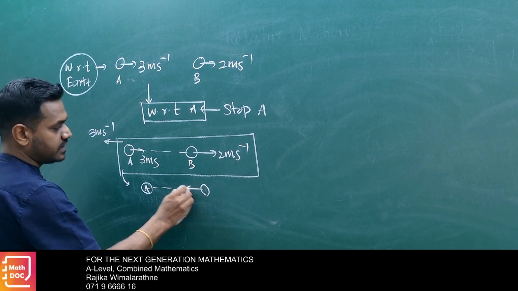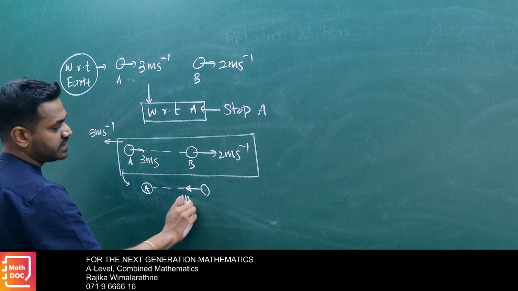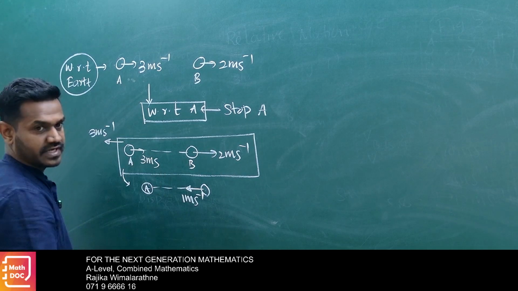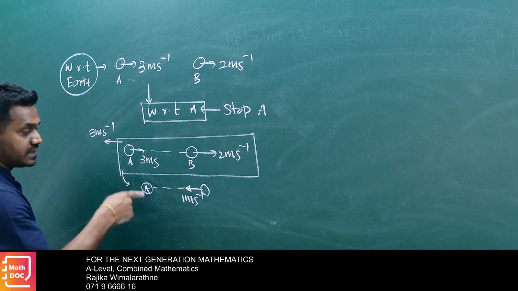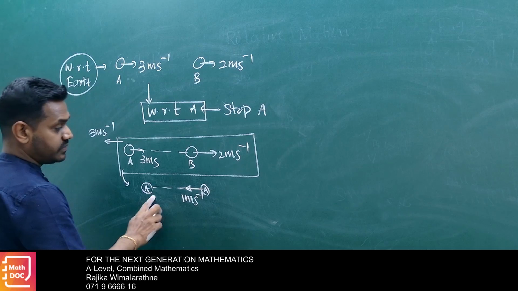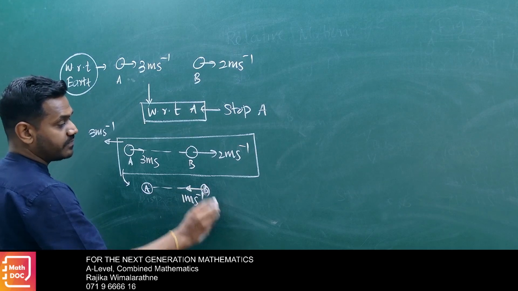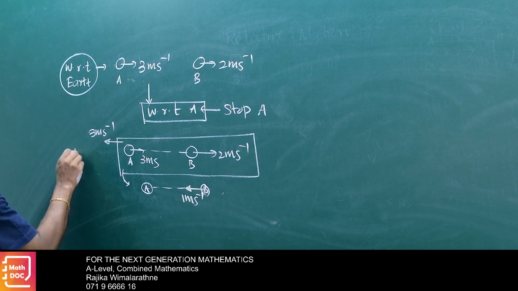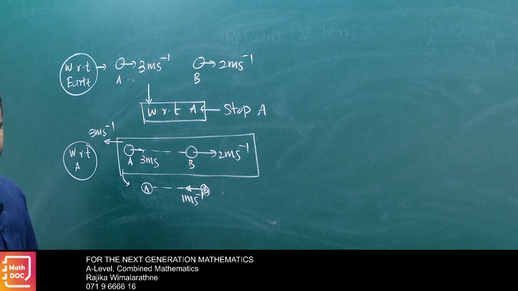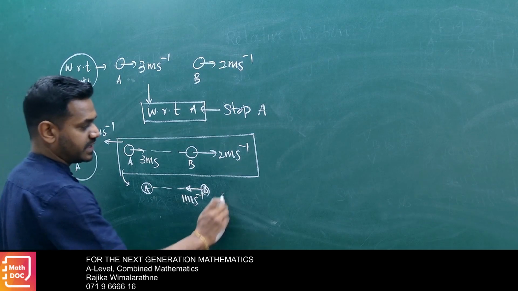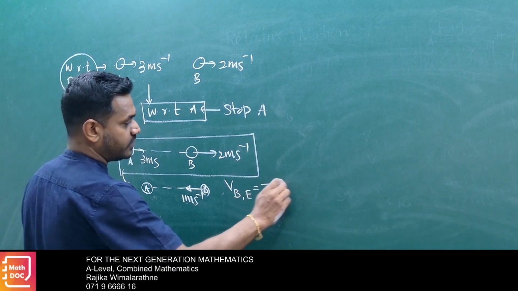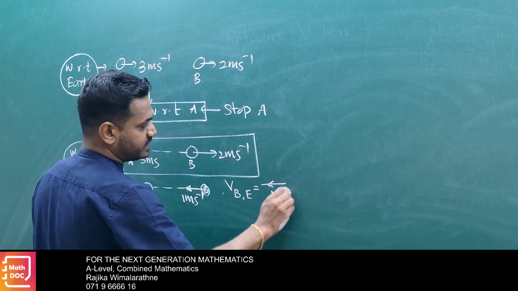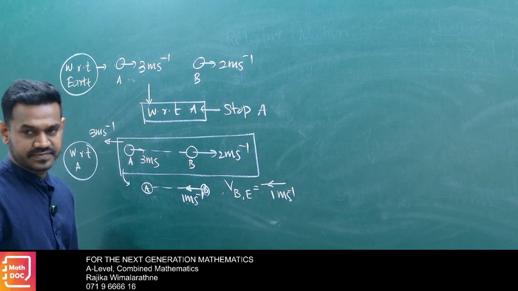This is the relative velocity, the velocity of B with respect to A. Here we can denote it as 1 meter per second in the opposite direction.